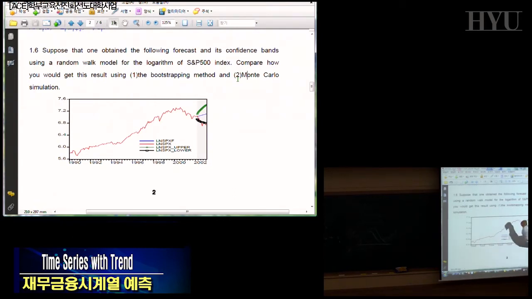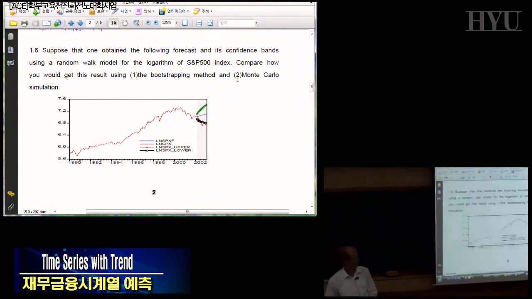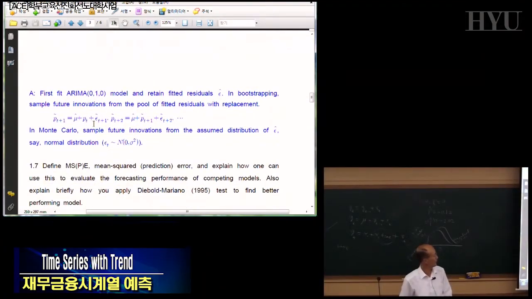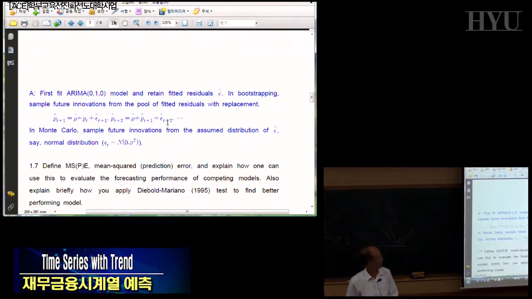So draw numbers and treat that as if it is epsilon t plus 1, and another one, epsilon t plus 2, epsilon t plus 3. Right? So making assumption about the distribution of fitted residual, versus no assumption whatsoever. Right? So that's the difference. Yeah, you can recursively do it, and the question was how to, and where to draw this, right? And this one and so on.